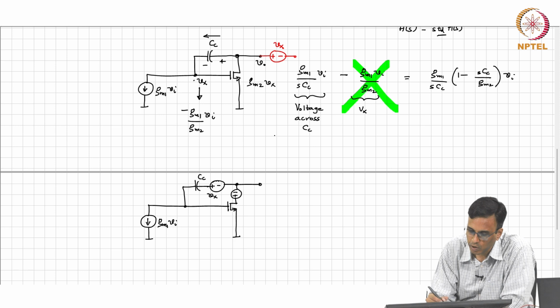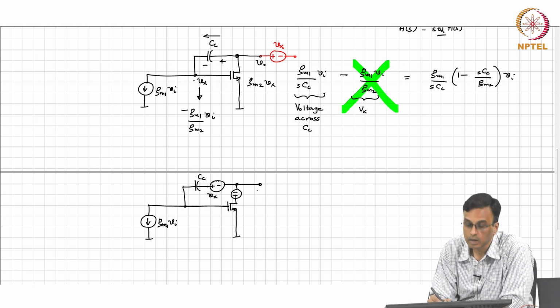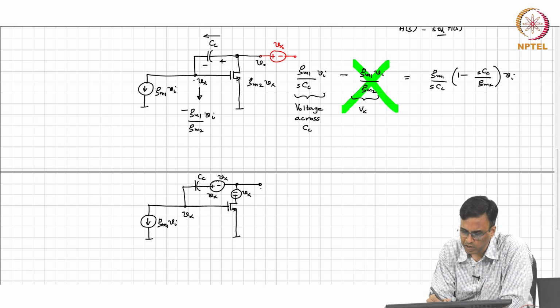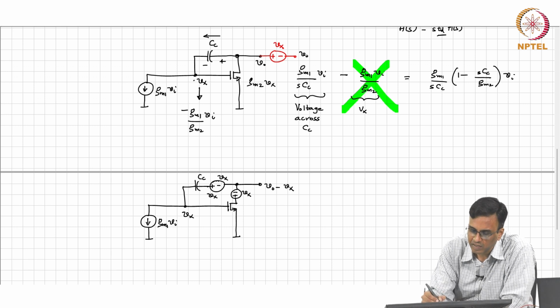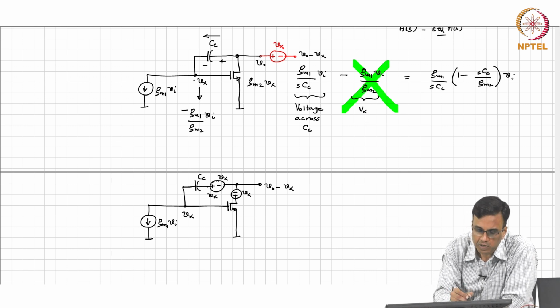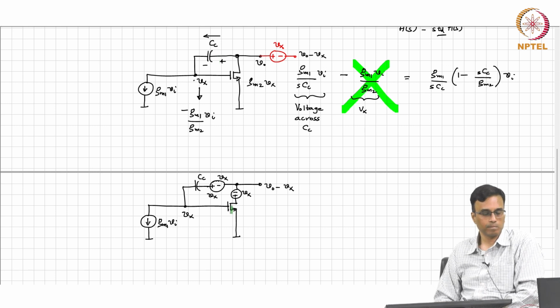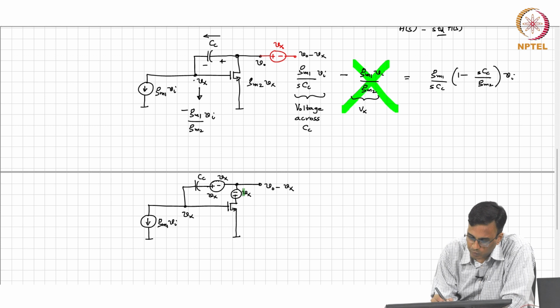So what is this voltage going to be? So this is Vx. So what is this voltage going to be? V naught minus Vx. All I have done is pushed this voltage source through the node. Is this clear? Now let us take a look at this voltage source.